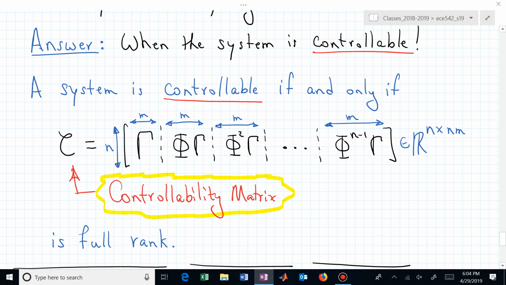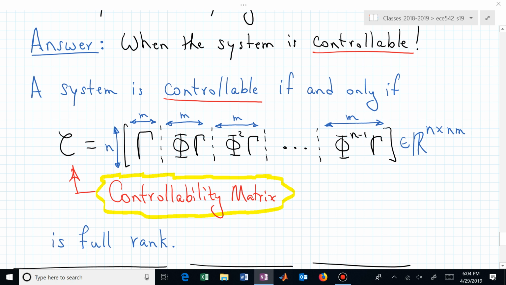If you have a 10th order system, phi is square, it's 10 by 10, and to build this controllability matrix, we would need to have gamma, phi gamma, phi squared gamma, up to phi to the 9th times gamma. Then we want that collection of columns and now rows to have full rank.